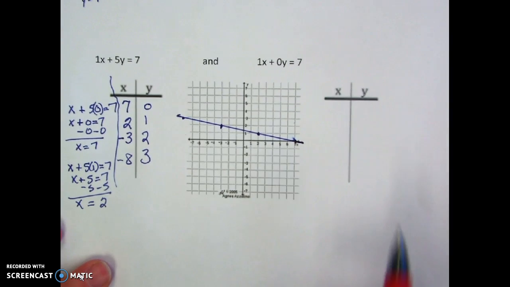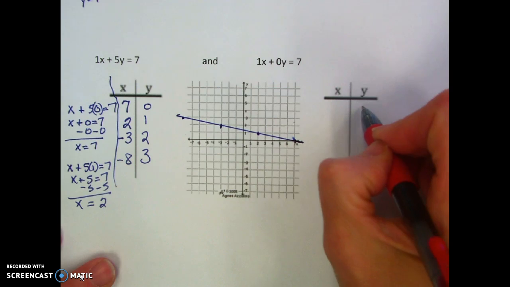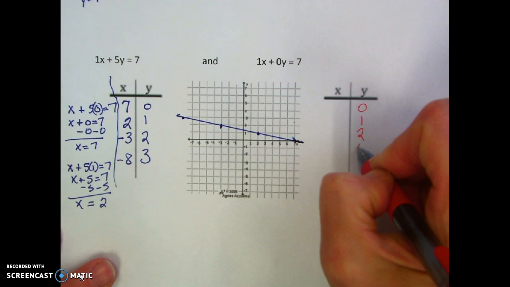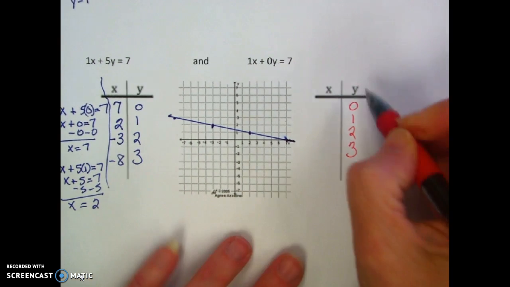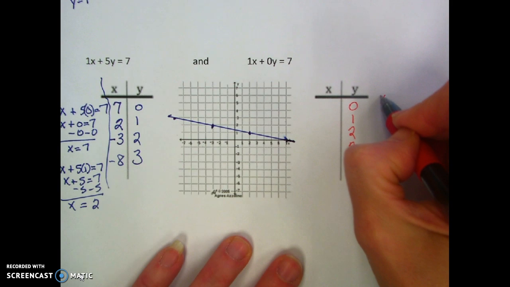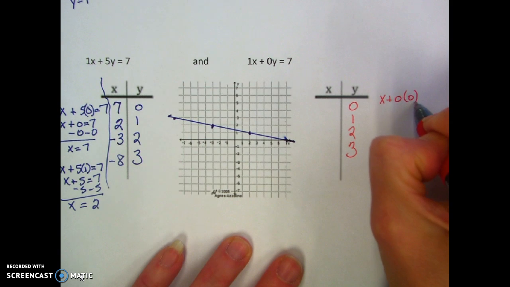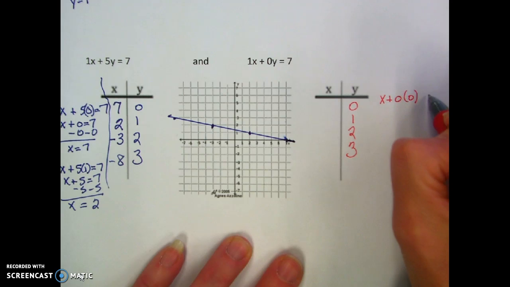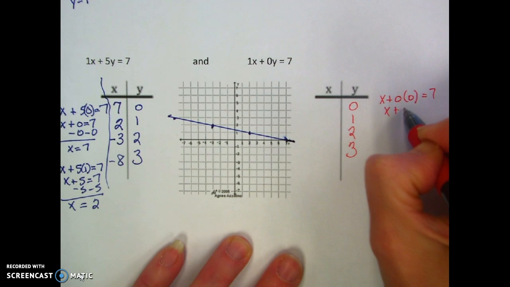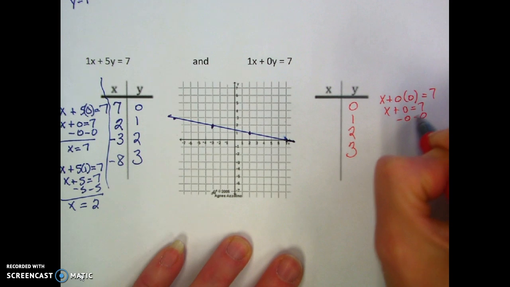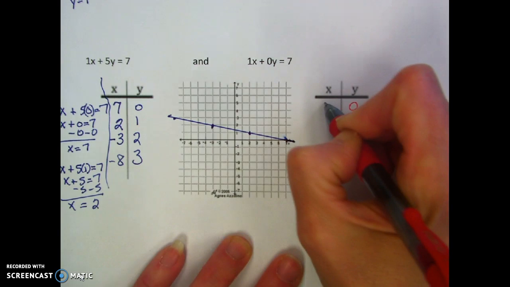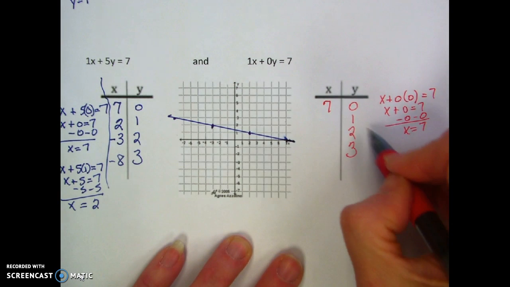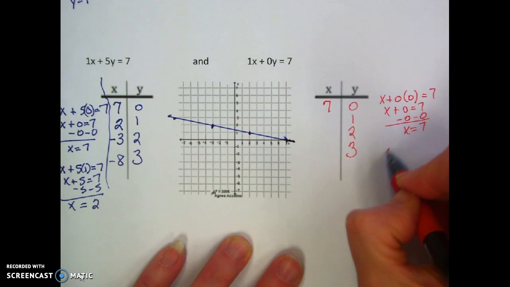Now do the same thing on this one. I'm going to again pick values for y. If I substitute them in, 1x plus 0 times, this time it's 0 for y, solve, and I get 7 for x. I'll put 1 in this time for y.